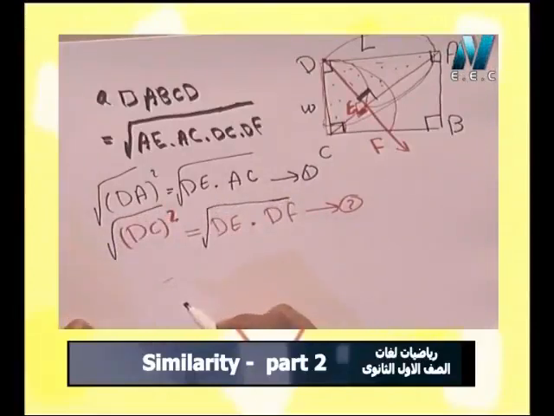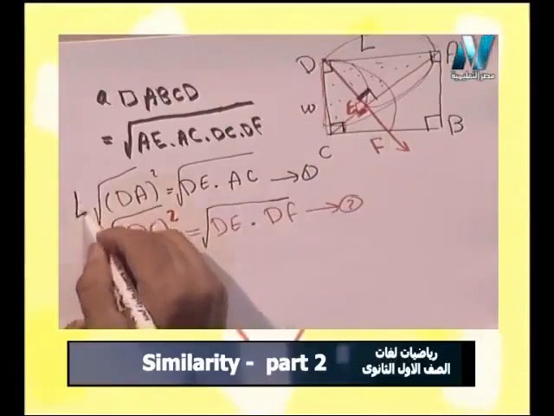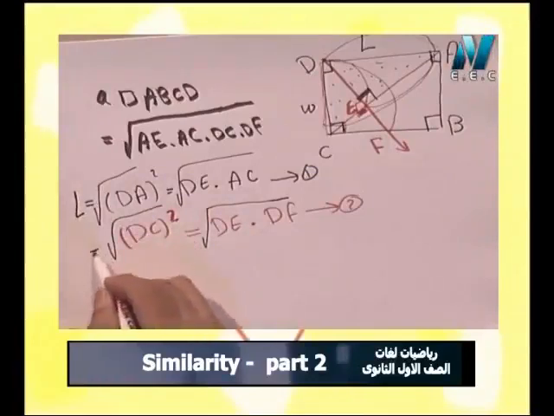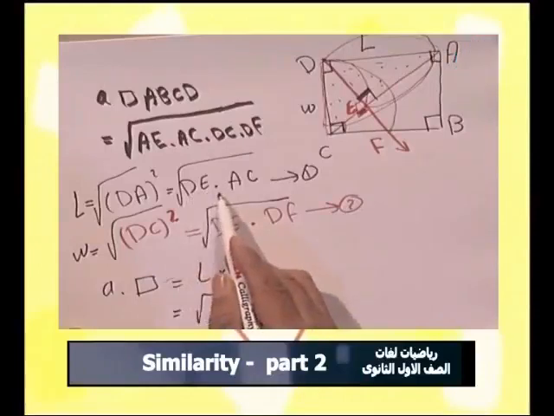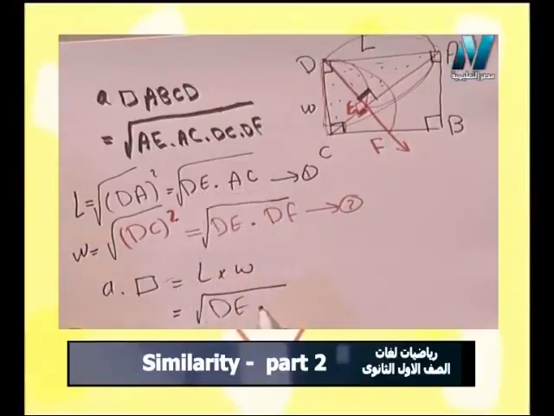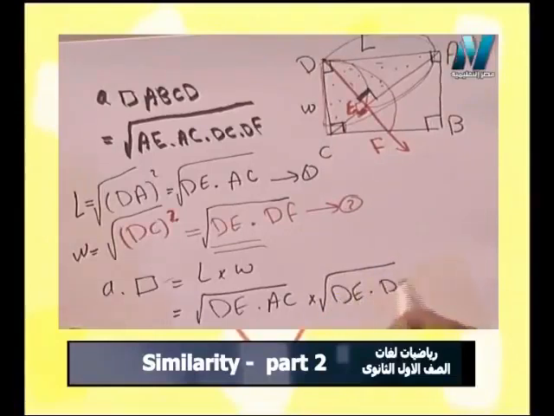And we know that DA is the length of the rectangle, and DC is the width of the rectangle. And we know that area of rectangle equals length multiplied by width. So area equals square root of DE times AC, multiplied by the other square root, which is the width, equal to square root of DE multiplied by DF.